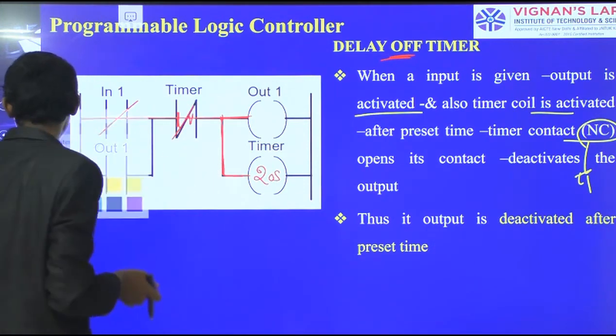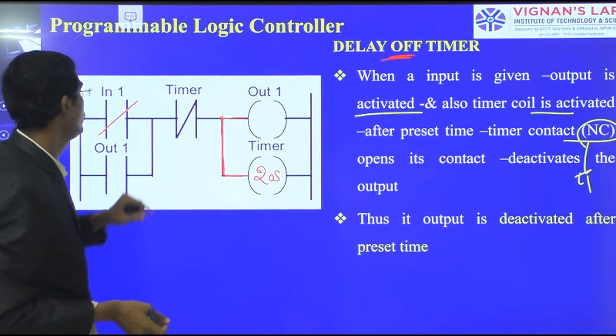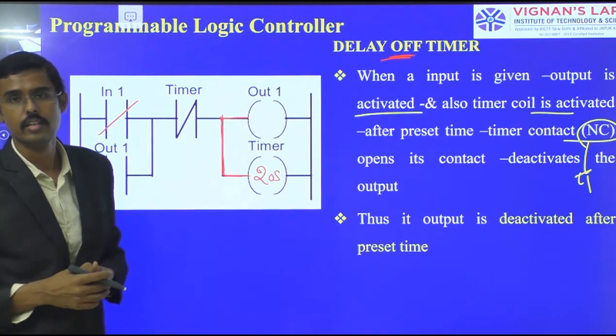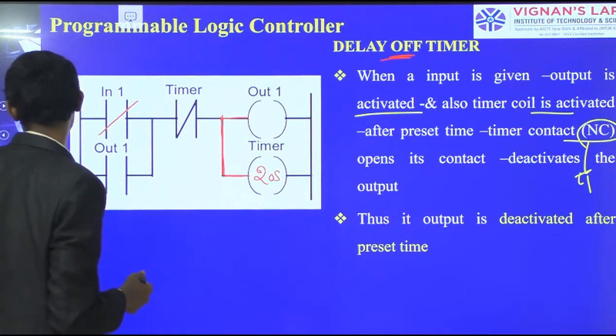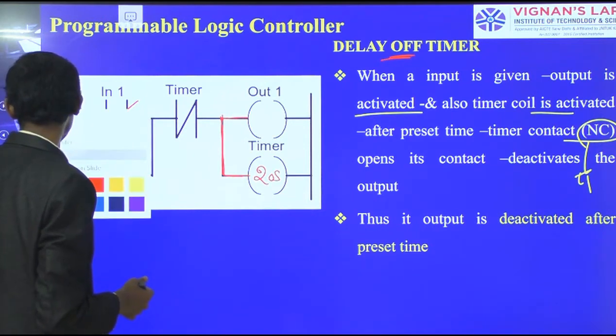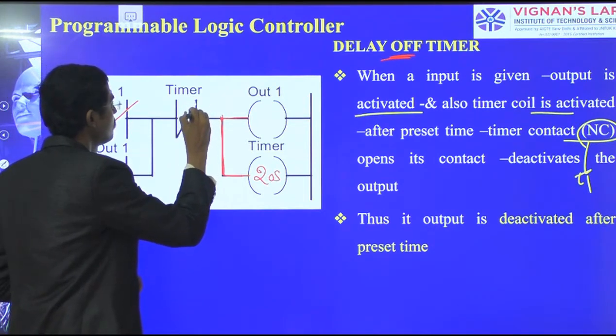So how am I doing it now? This normally open contact is going like this. It is terminated. When it is terminated, what happens? The power source is not coming here. And what happens? You see, this is disconnected.